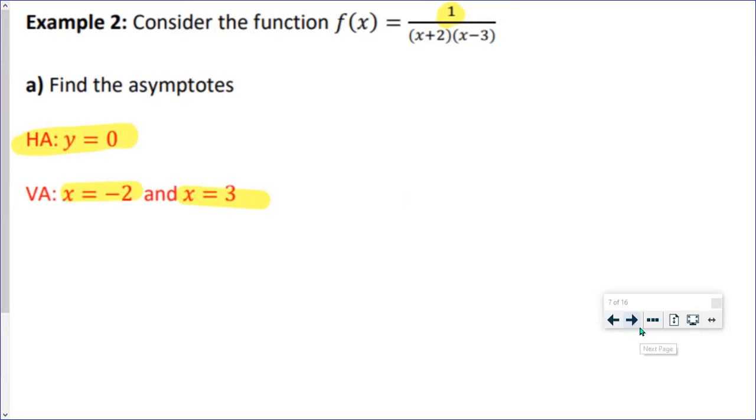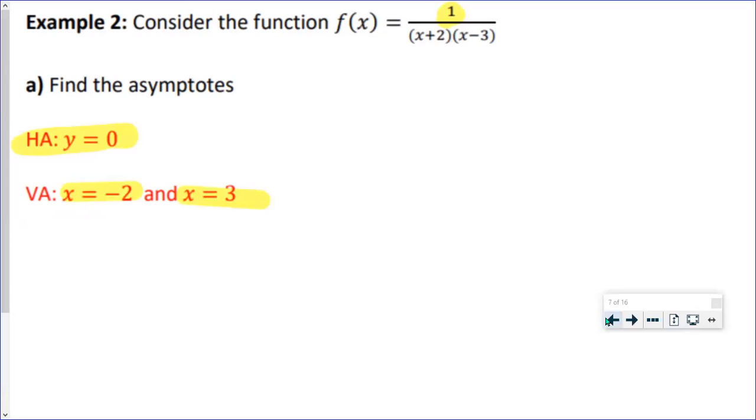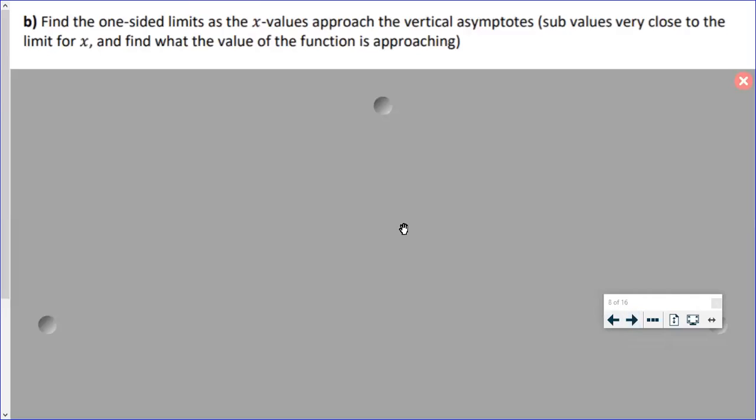So if I wanted to connect this particular graph and get an idea of the behavior of the graph without using the first derivative or second derivative, I would take these two vertical asymptotes, x is equal to -2 and x is equal to +3, and I would perform double-sided limits on that.